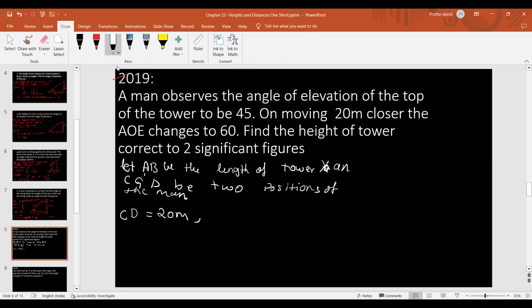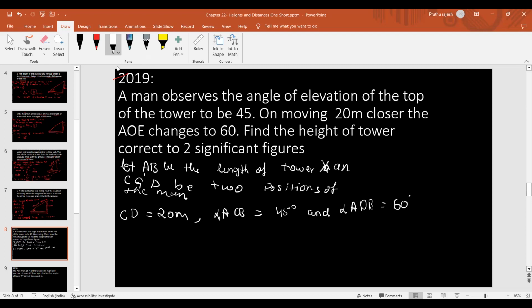So angle ACB is equal to 45 degrees, and angle ADB is equal to 60 degrees. And this was the information given to us.